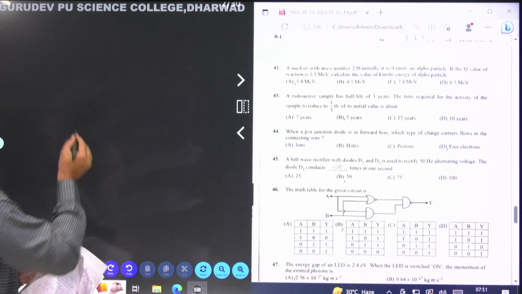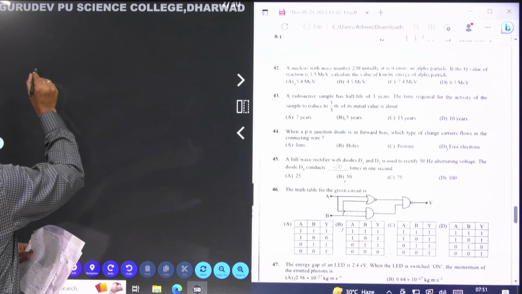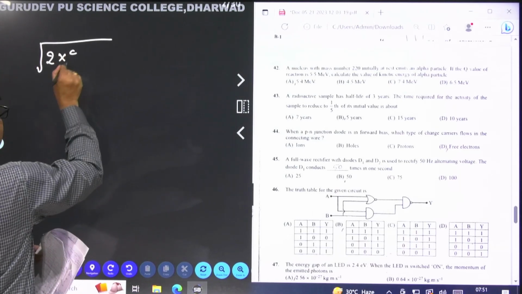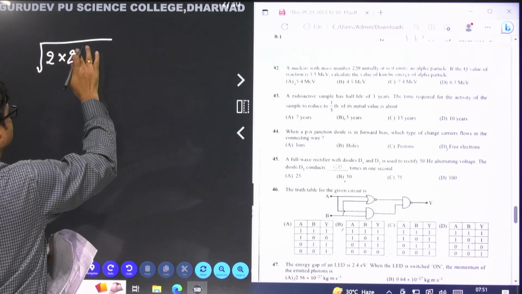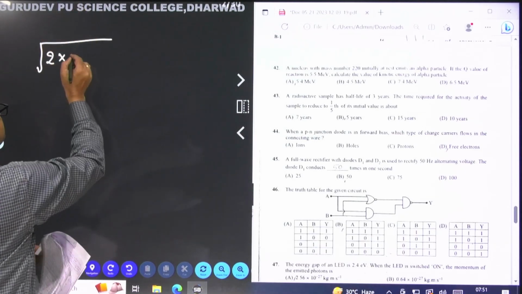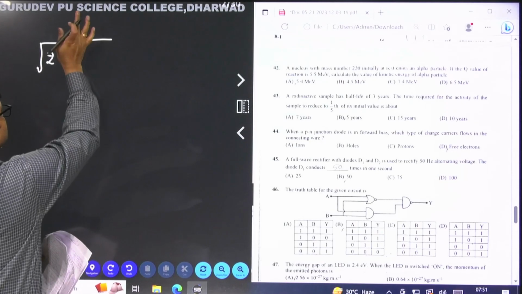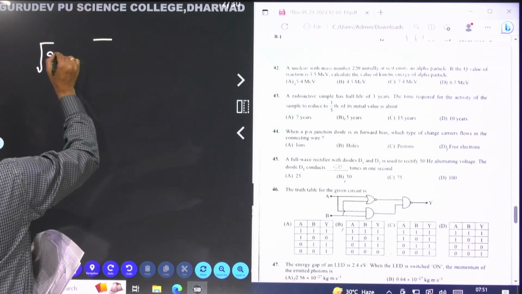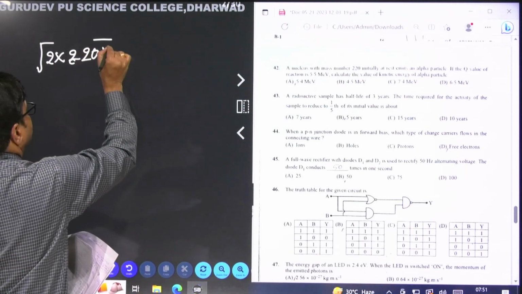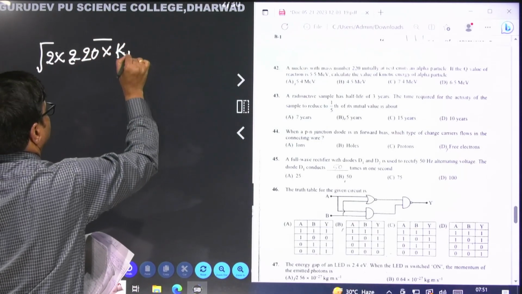Now over here, as per my equation, I can write this as square root of 2 into 220 into K of nucleus.